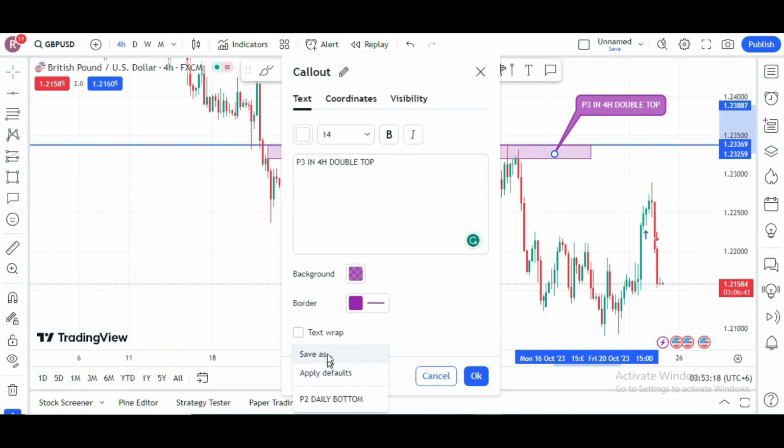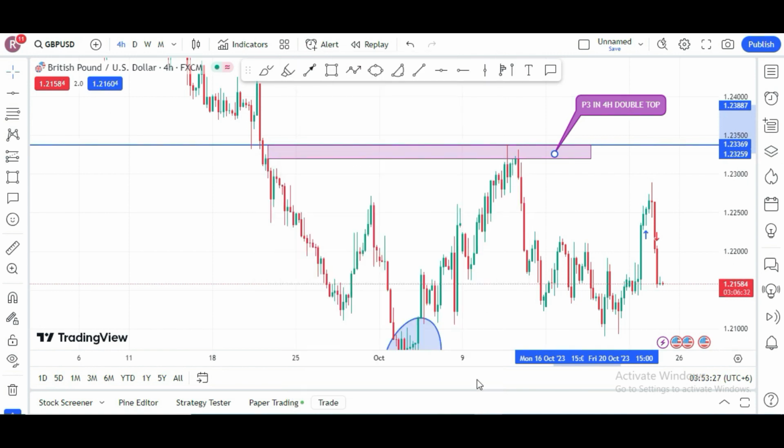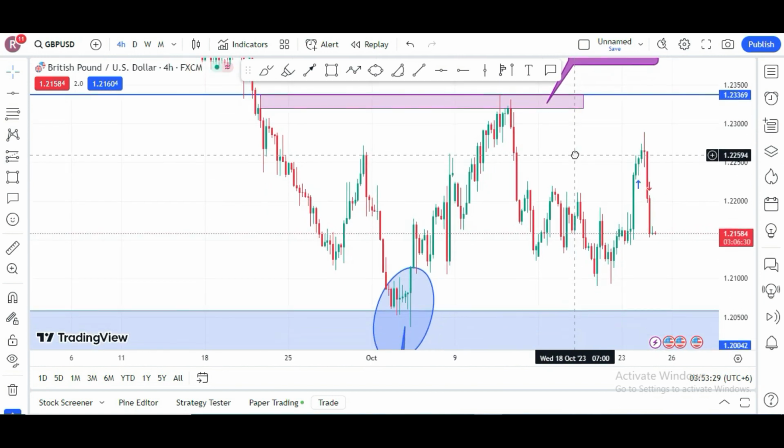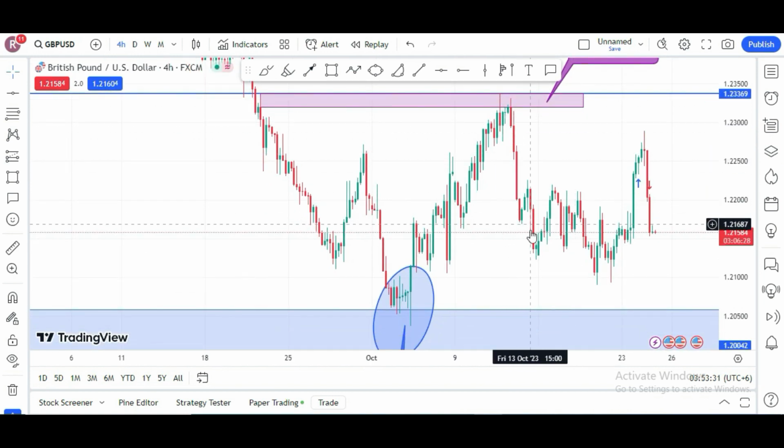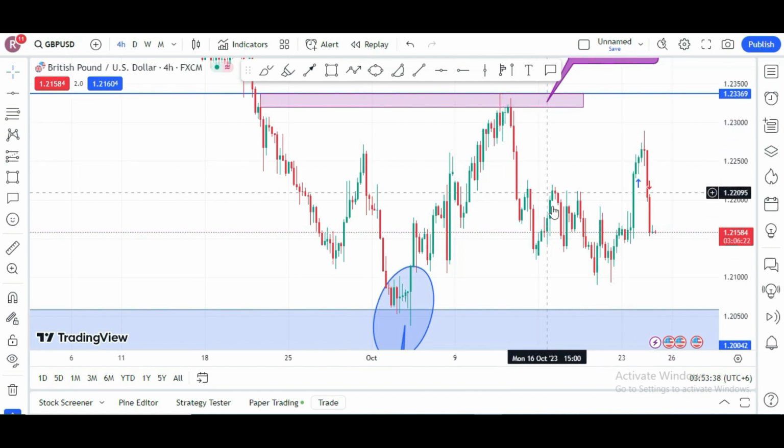Let me save the template for future. Save. Okay. And this caused this drop. This is the thing, it is pushing it here.